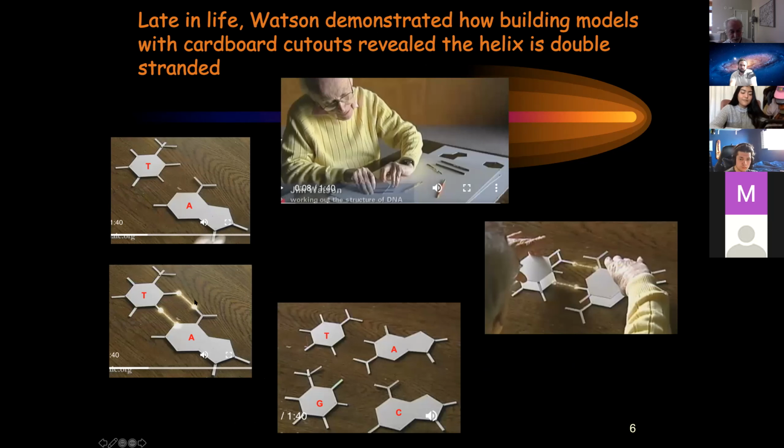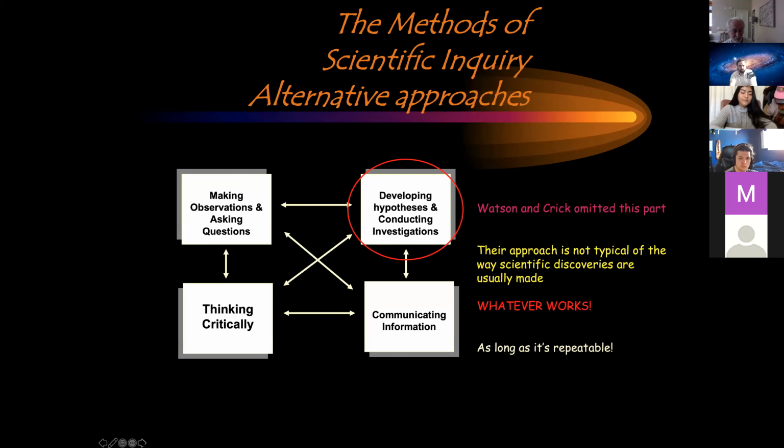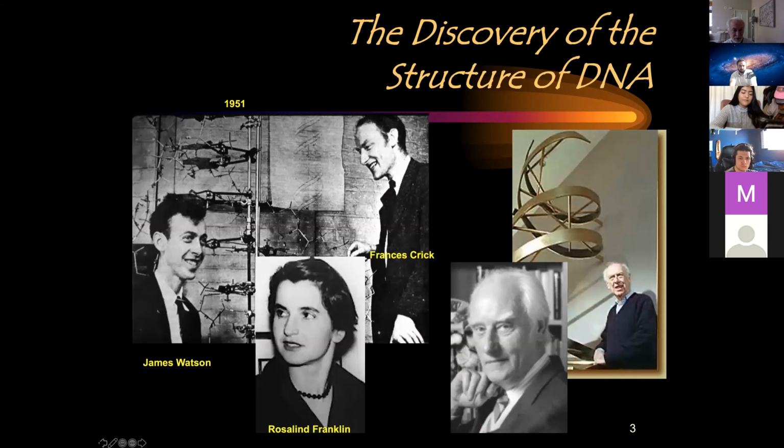And he just moved them around on a tabletop and showed how they could match up. And based on his model building, he came up with the structure of DNA, which you can see here is a metal construction. And you can see even in 1951, they knew it was a helix.